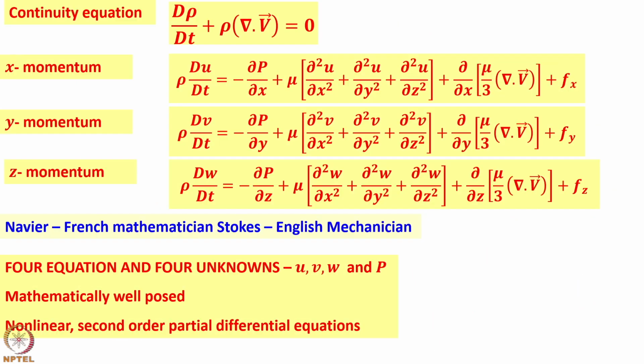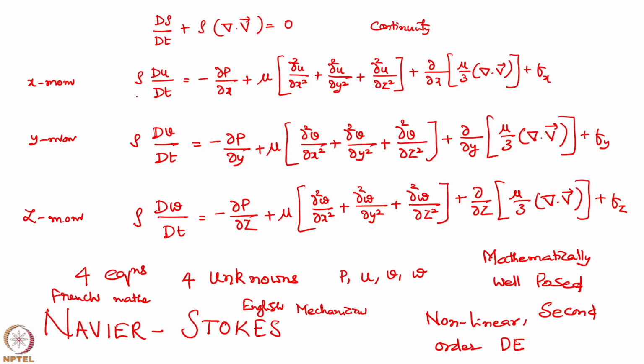So, now if you just see each of these terms, the first term is what is called the inertia term. This is mass into acceleration. So, that is why this is the inertia term.